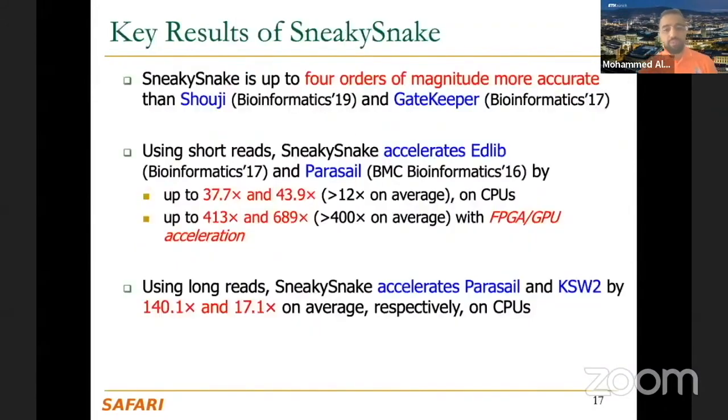Hopefully by that we cover most of the things about SneakySnake. We observe up to 4 orders of magnitude more accuracy than Shouji and GateKeeper. And then we accelerate EDLib, which is one of the best or the best performing implementations of Myers' bit-vector algorithm. They have a lot of configurations for local, glocal, and global alignment.